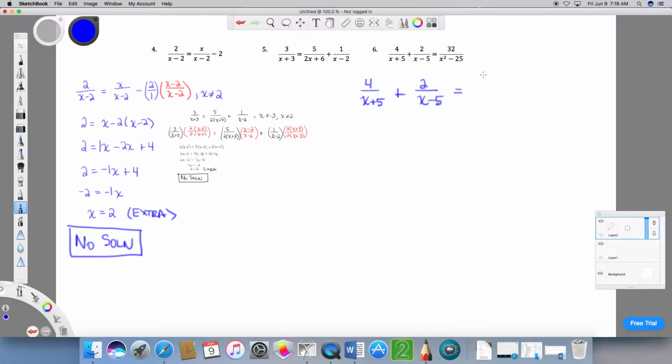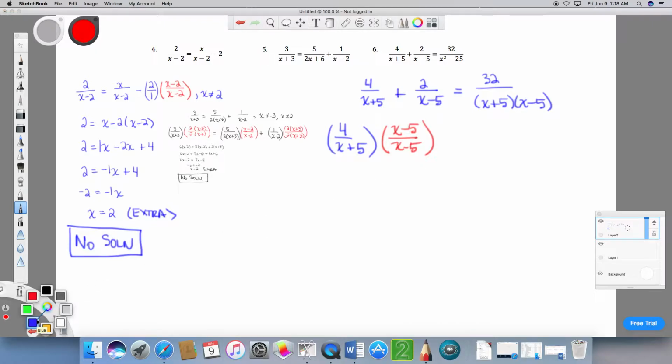On the right-hand side, this denominator is the difference of perfect squares, so it factors to x plus 5 times x minus 5. That's the denominator that we want to see in every fraction. So on the left-hand side, with this first term, we multiply it by the number 1, but we write the number 1 as x minus 5 over x minus 5.